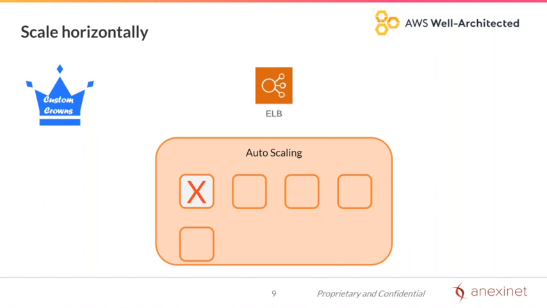The other thing to keep in mind with horizontal scaling and the auto scaling is, let's say that your marketing department at Custom Crowns runs a new marketing campaign and it spreads like wildfire. Customers start slamming your site. 4 instances is not going to do it. 5 isn't going to do it.